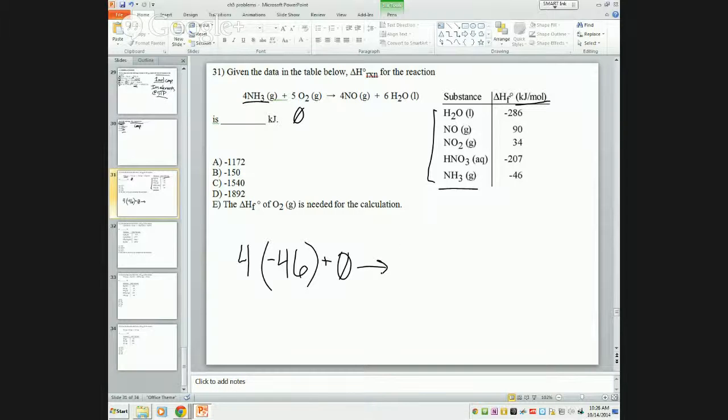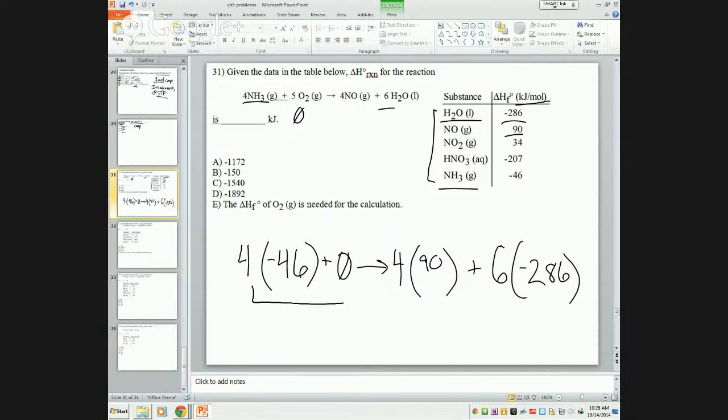Now we look at the products. Again, we got 4NO, so it's 4 times NO, 90, plus 6 for the 6H2O, and we will look up the heat for the H2O. It's -286, right? So now I'm going to combine these numbers to figure out what the overall change was. So for that one, we get -184 kilojoules. Sum those up, -1356 kilojoules.